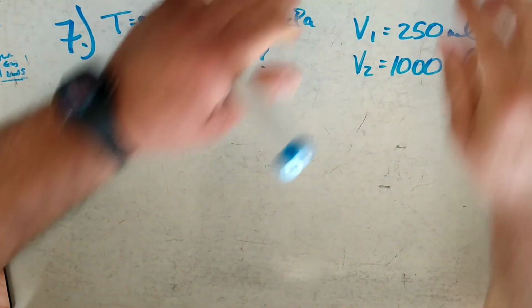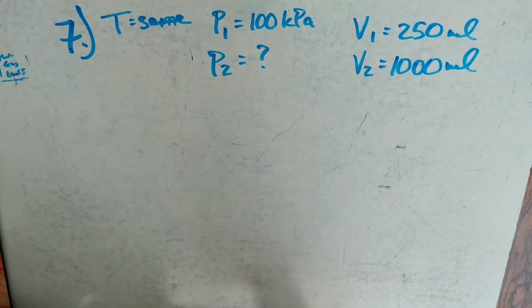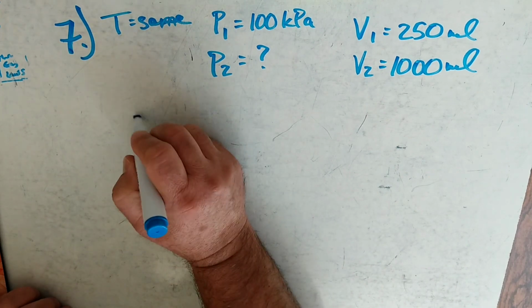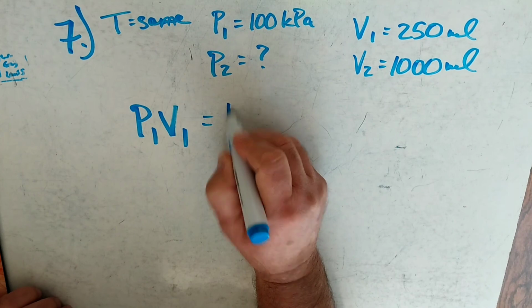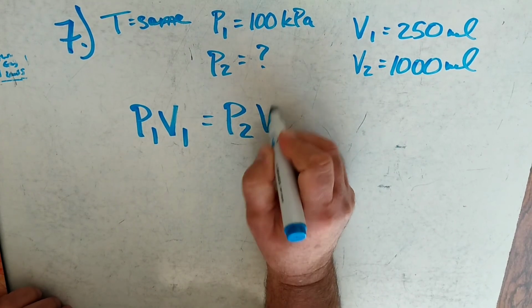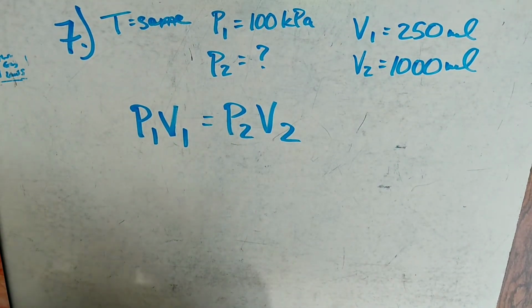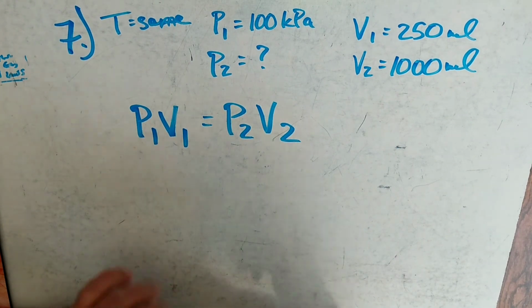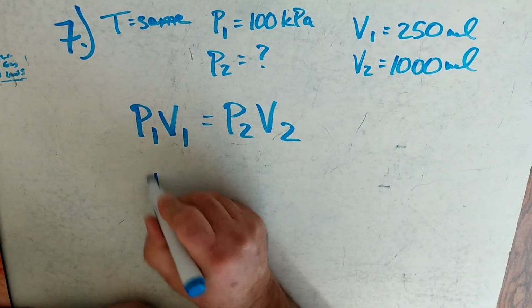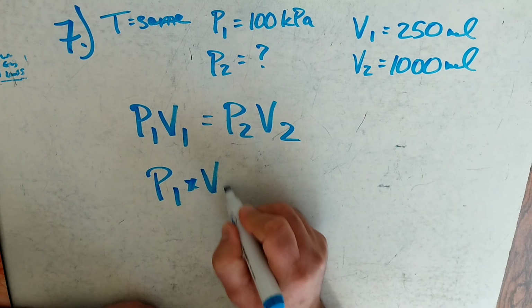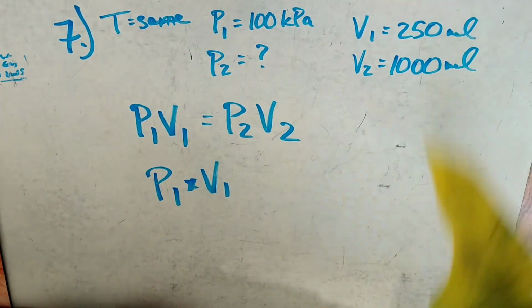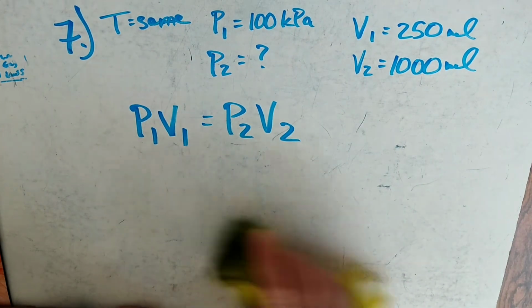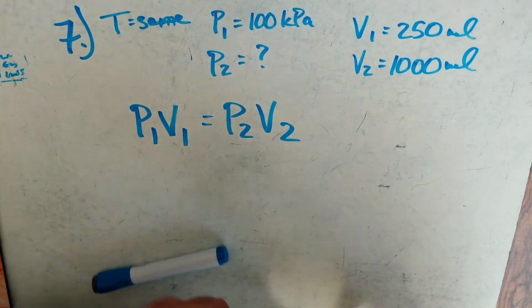Boyle's law is P1 V1 equals P2 V2. Sometimes other people write this out as P1 times V1, but remember, if it's multiplied, I'm just putting it like this to simplify and not have as many things in the way.